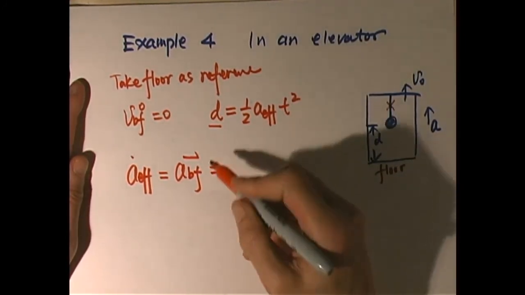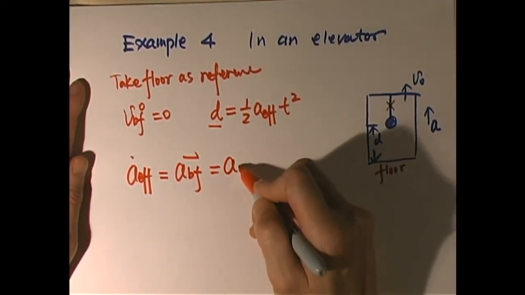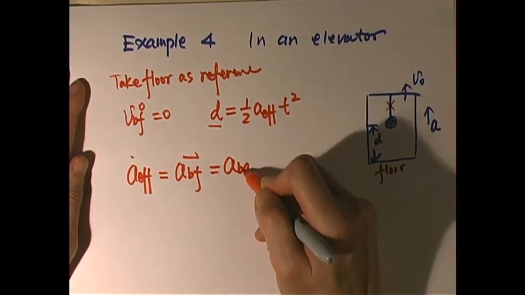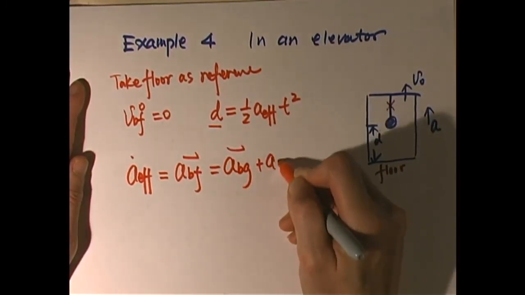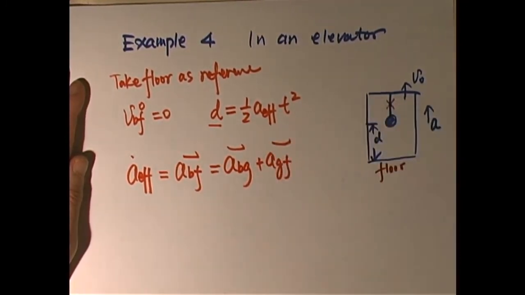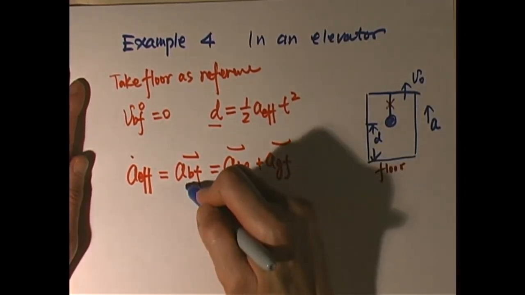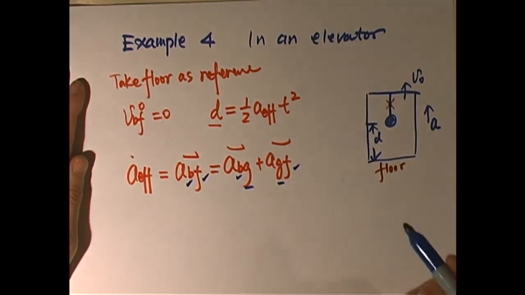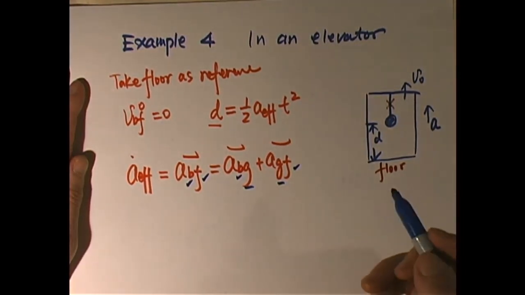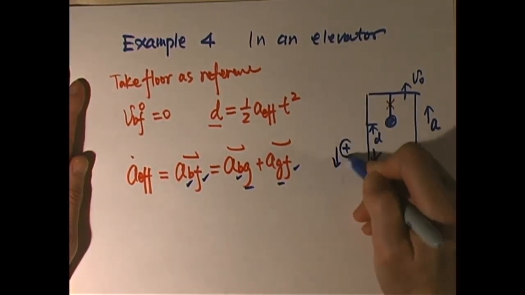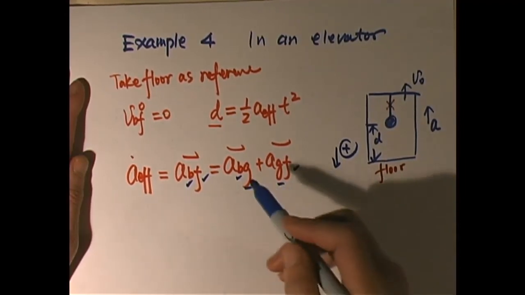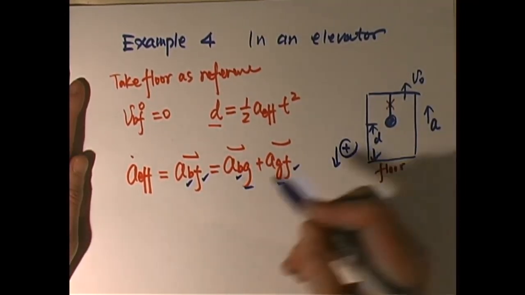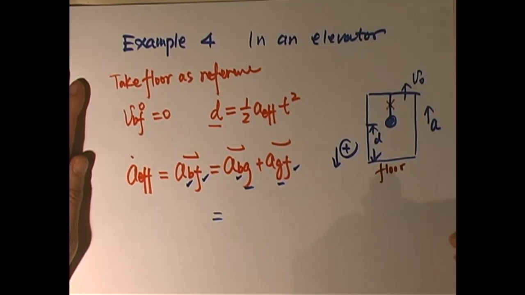So the acceleration of ball to the floor is the acceleration of ball to the ground plus the acceleration of ground to the floor. We can always do that through a third party. This is A, this is A, this is B, this is B, and this is the third party. So if we choose down as positive, then the ball to the ground is acceleration down, it's g.